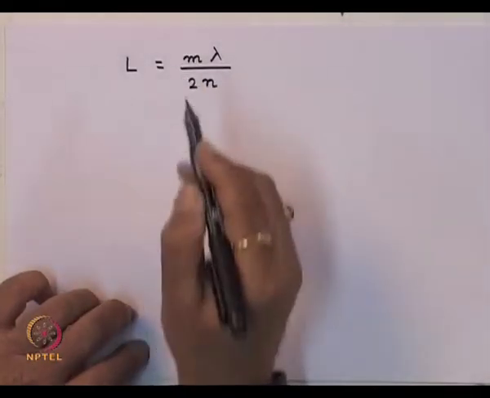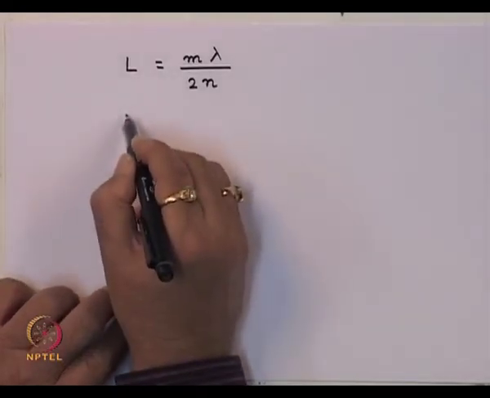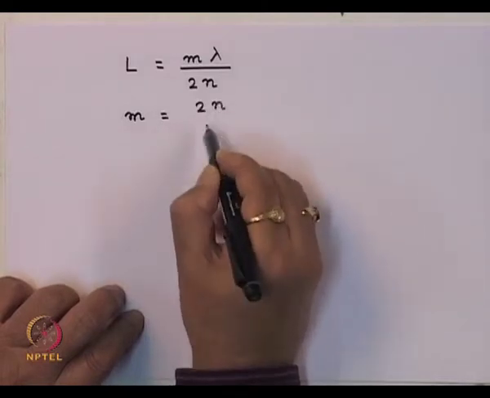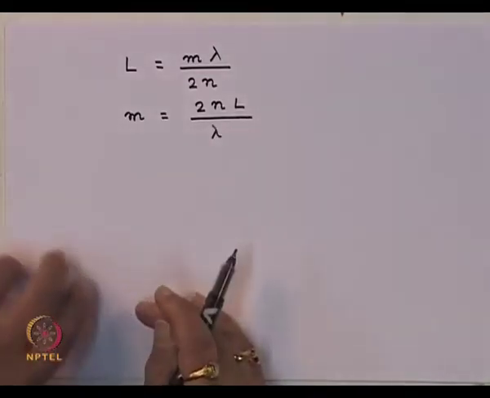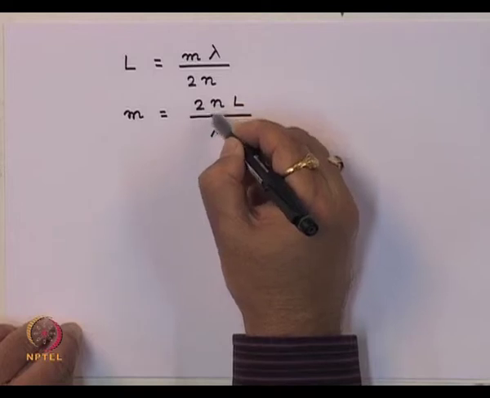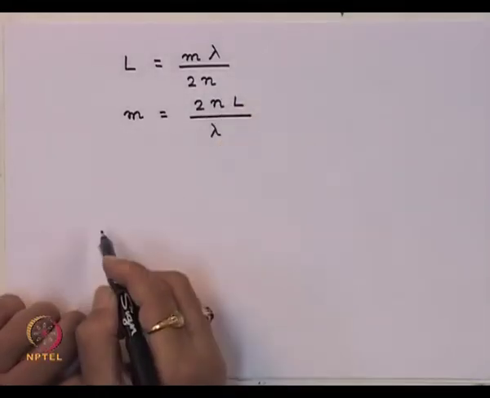Same relation which we have used in earlier problems. So, again from here we can get m equal to 2nL divided by lambda. Note here however, in this case now the n is a function of wavelength, it is not a constant quantity.